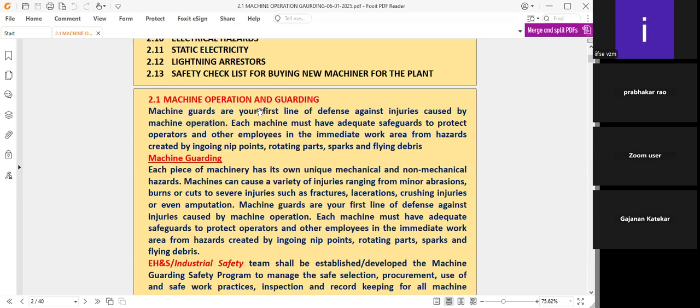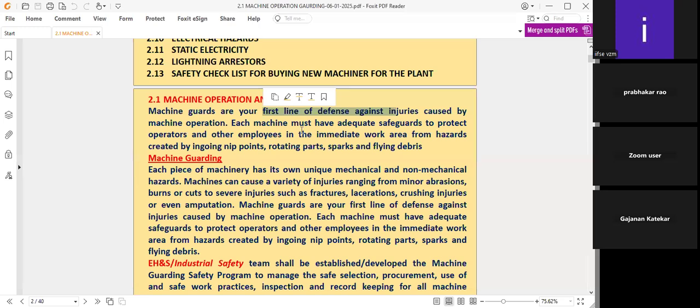Therefore, the first line of defense for machine operation is the guard. So each machine must have adequate safeguards, and adequate in the sense of fully covering the impeller, the pump rotor, as well as the motor rotor. Those shafts should be covered.